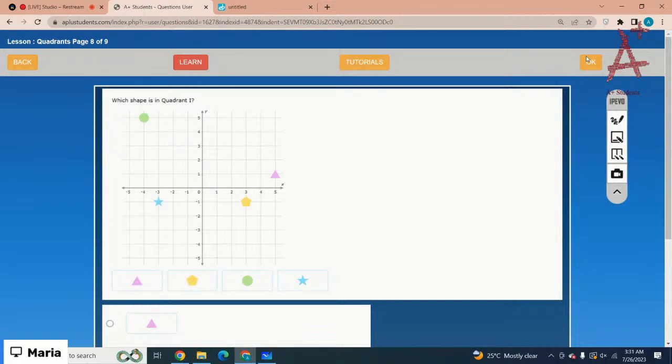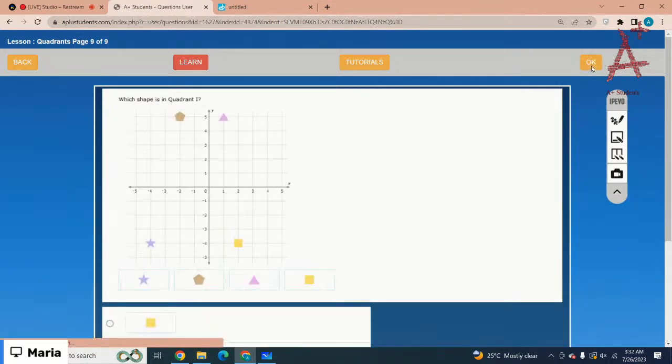Which shape is in quadrant 1? Which is the correct option? In quadrant 1 you have a triangle, the correct option is the pink triangle. Which shape is in quadrant 1?